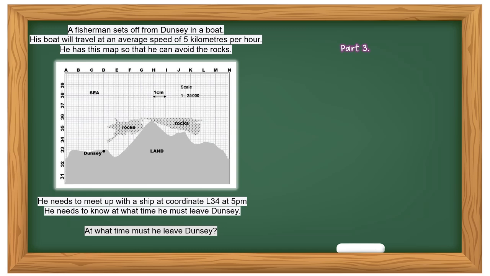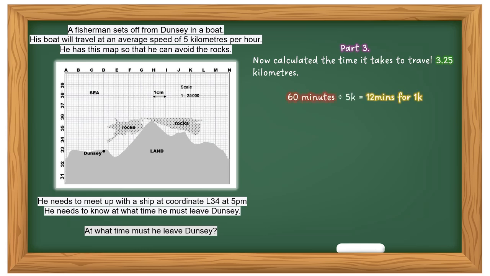So now let's look at part three. We take that 3.25 and we have to calculate the time it takes to travel that distance. Now you can see there it takes 5 kilometers per hour. So you just take the 60 minutes, divide it by the 5 kilometers, and that gives you 12 minutes for 1 kilometer.